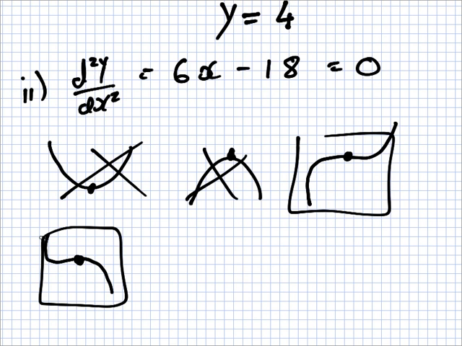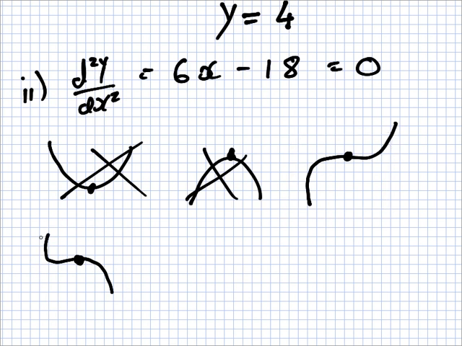Now, there's two ways to show it. The first way is getting a couple of points and showing that you have this shape. That's fine. But if we want to be a bit more interested here, we can look at the third derivative. It's a little bit quicker as well.